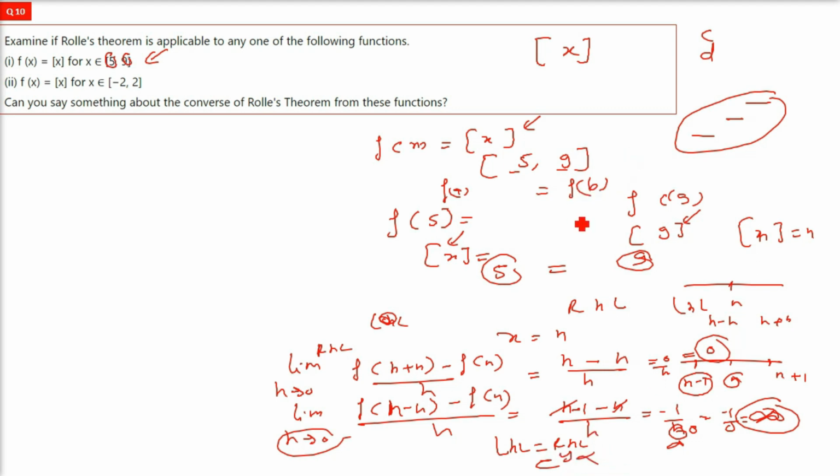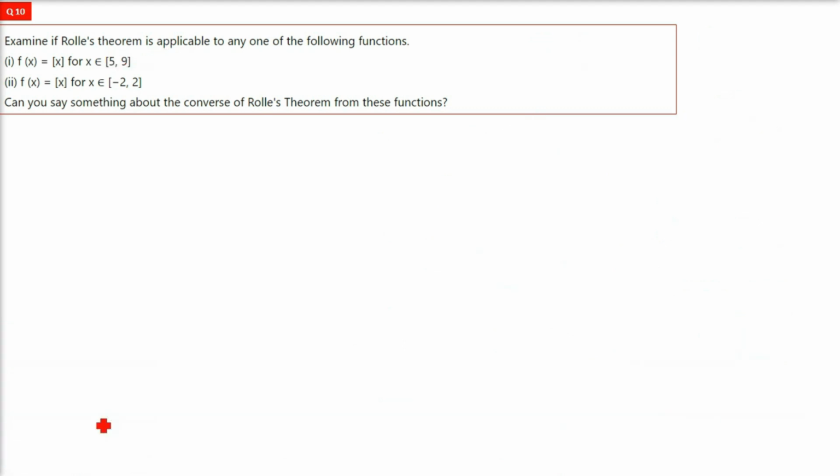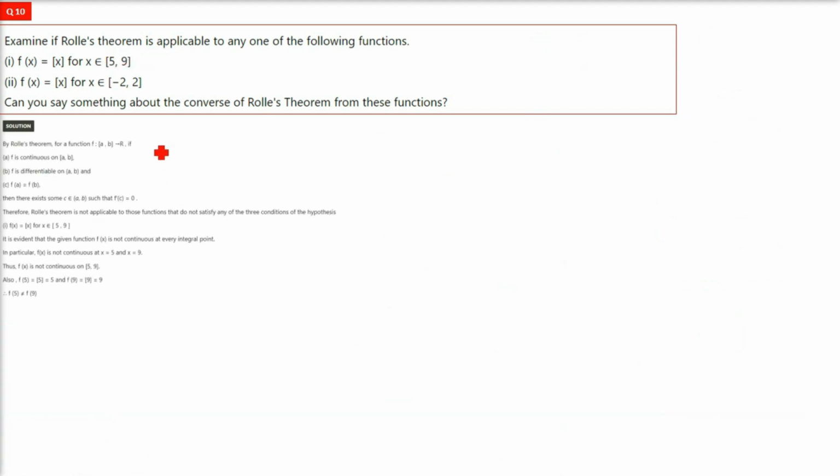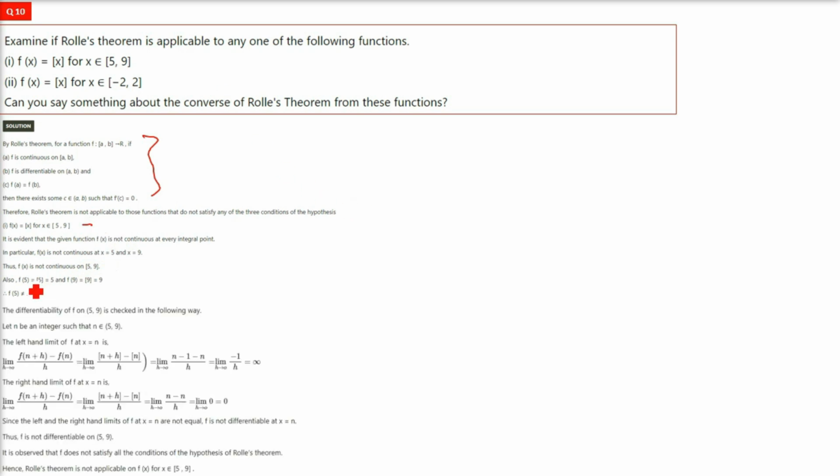So all this which I explained has to be written in order to show that the Rolle theorem is not applicable here. You have to show it, because the question is asking about the continuity, the differentiability, f(a) equal to f(b), and finally the point which has to lie between 5 and 9. But because the three main conditions fail, this is how you are going to define it.